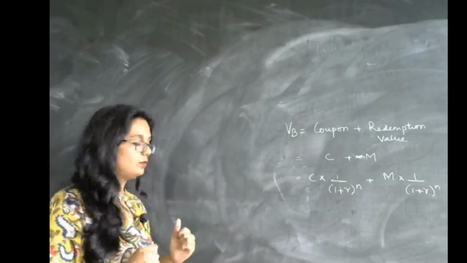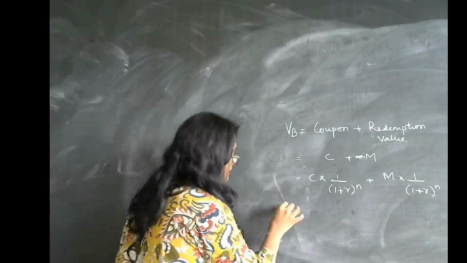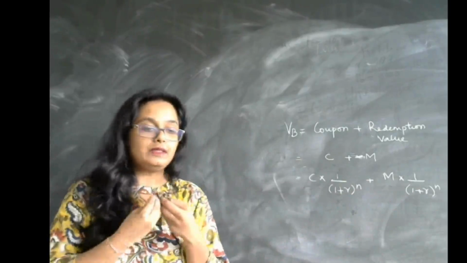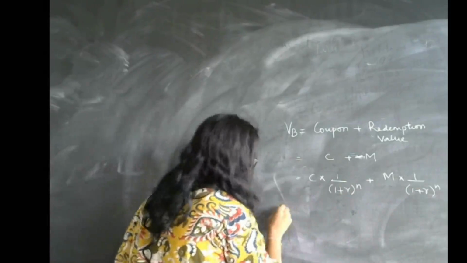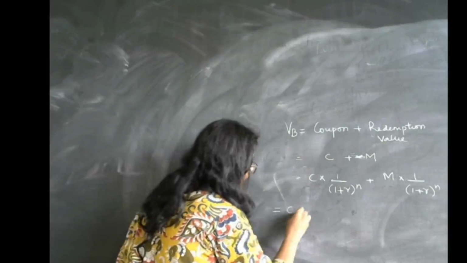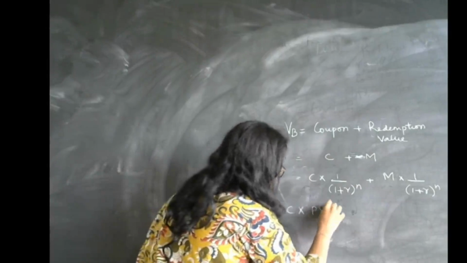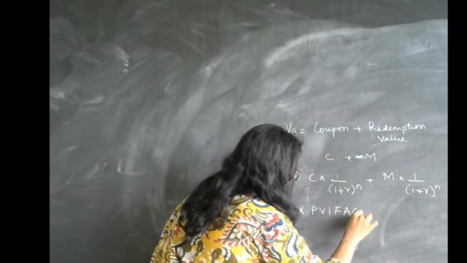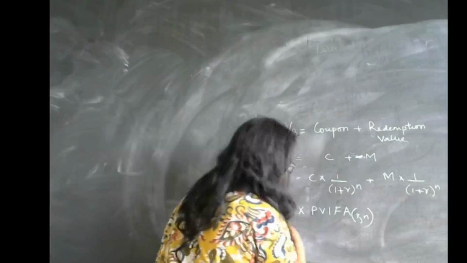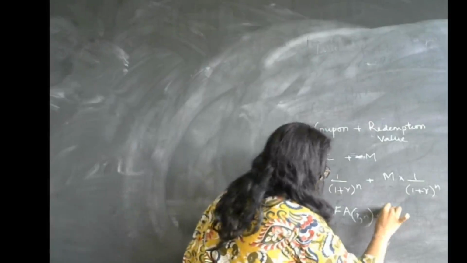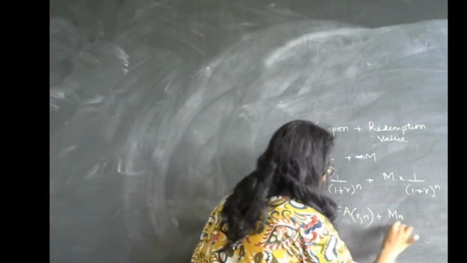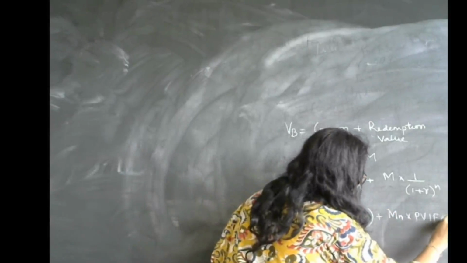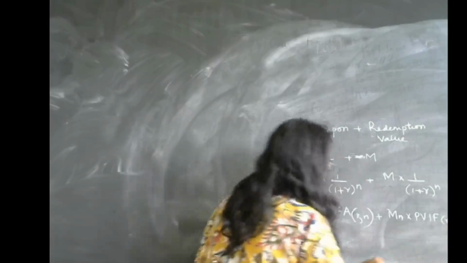Clear? Okay. So that is the reason why this formula can also be written as coupon multiplied by the present value interest factor annuity at the rate of r for n years plus maturity amount multiplied by the present value interest factor at the rate of r for n years.